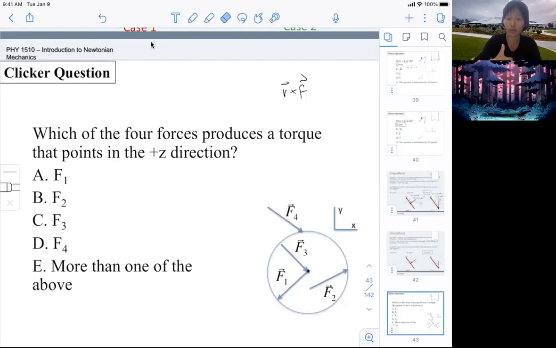The direction of angular velocity for a counterclockwise rotation is pointing in the z direction, okay? So if this force is pushing the wheel counterclockwise, that means it's going to be in the z direction, right? Clockwise gives you a negative z direction. So try to use that, because oftentimes it's easier than doing the cross product.